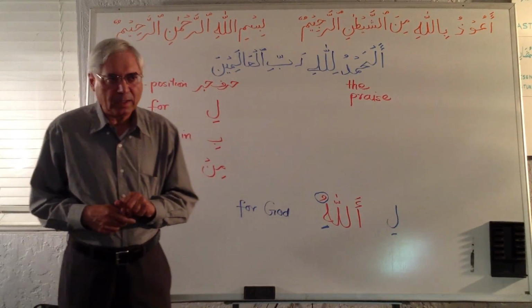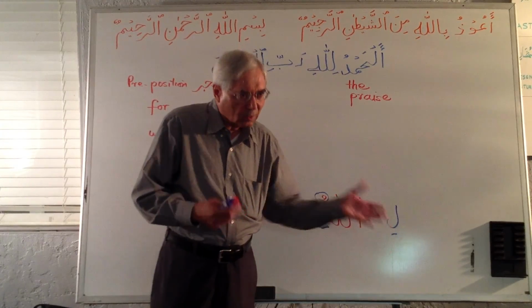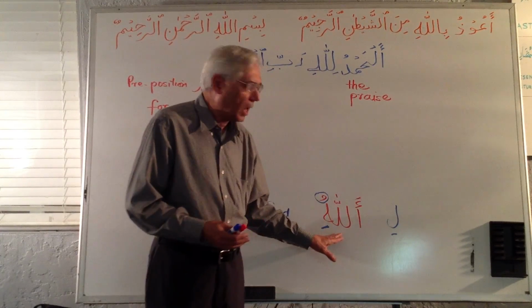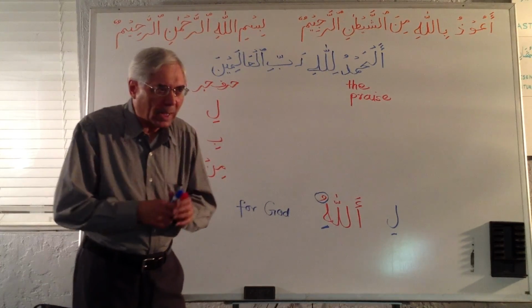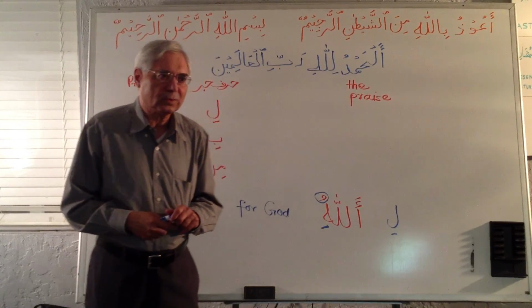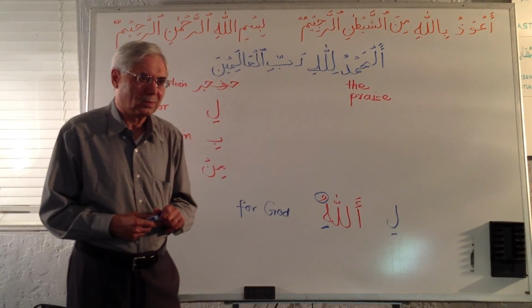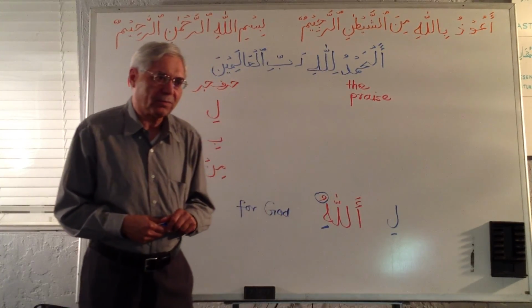Then it says, okay, we have two different words here. Li is one word, or one letter, and Allahu is the other one. It says, if you want to combine me together, then I'm going to do a damage to the first letter also. You don't have to pronounce the first letter alif.